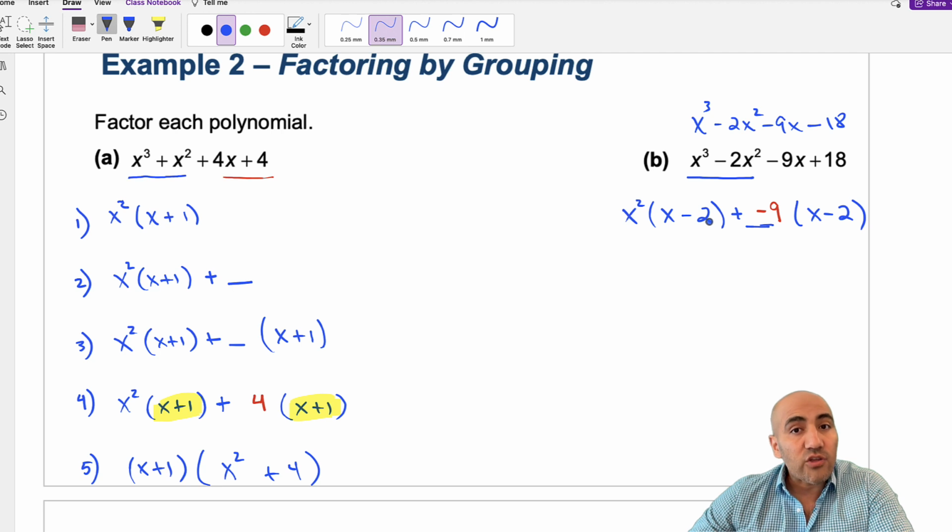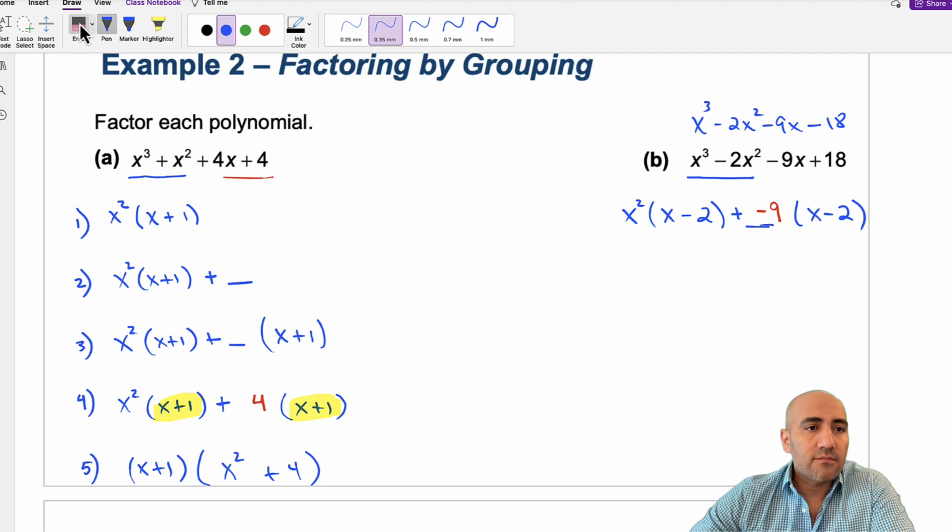There might be some imaginaries, some irrationals. So it could be a more complicated statement. Hopefully at this stage, we're just learning. Your author will cherry pick some good ones for you, so most of them should work out, but just be aware that there's a lot of polynomials out there that don't play nice.